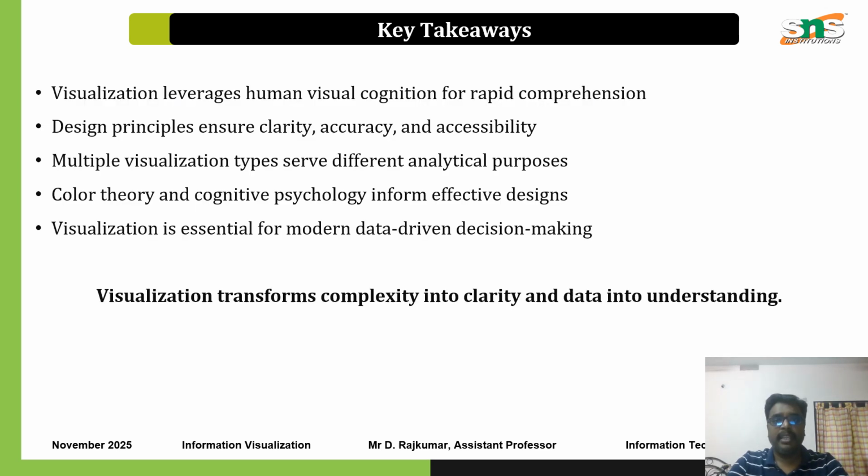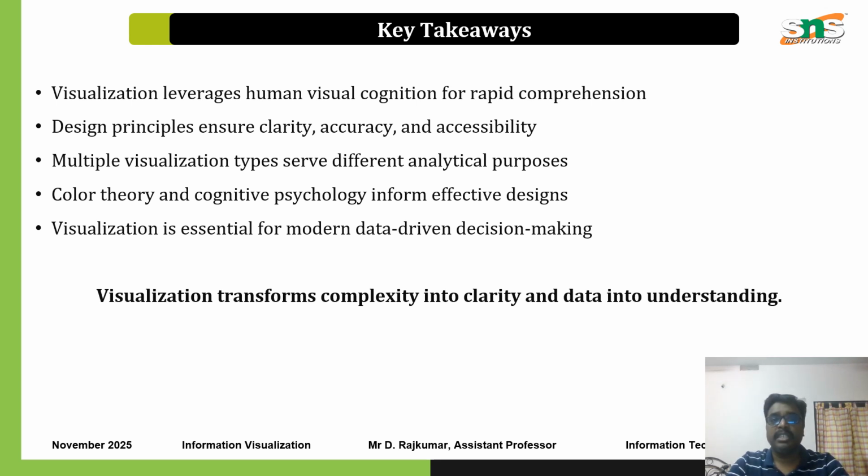From this slide, the key takeaways are: visualization leverages human cognition for rapid comprehension. It also helps us to frame design principles which ensure clarity, accuracy, and accessibility. Modern visualization types serve different analytical purposes, and color theory and cognitive psychology inform effective decisions with managers and higher officials.